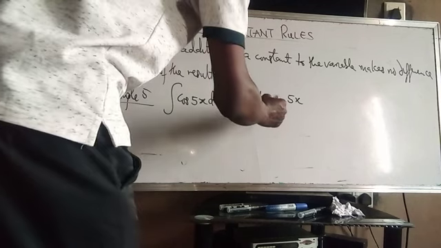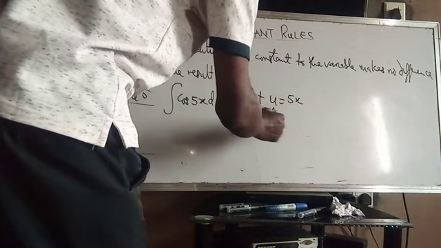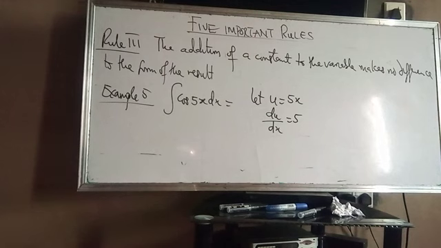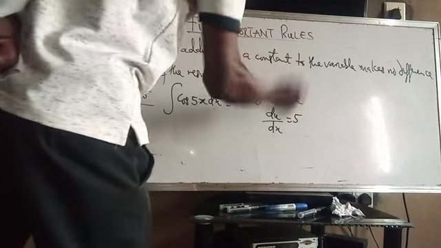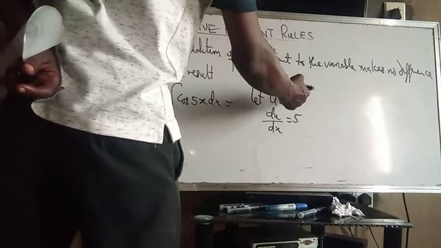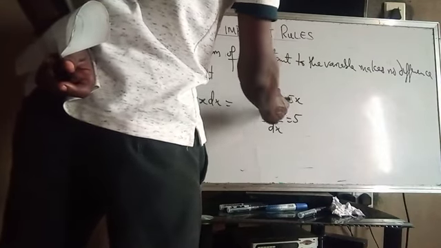So if you differentiate u with respect to x, you get 5. Can you still remember this differentiation? du/dx will be 5. You know that: 1 times 5 is 5, 1 minus 1 is 0, so anything to the power 0 is 1. So 5.